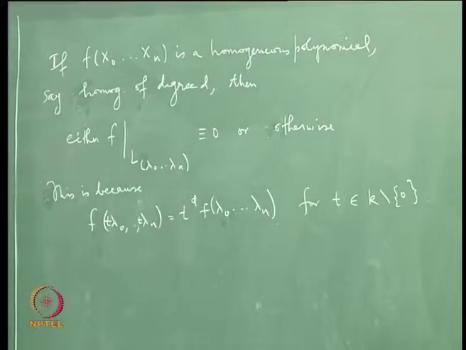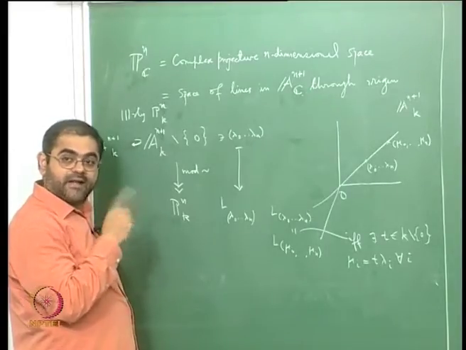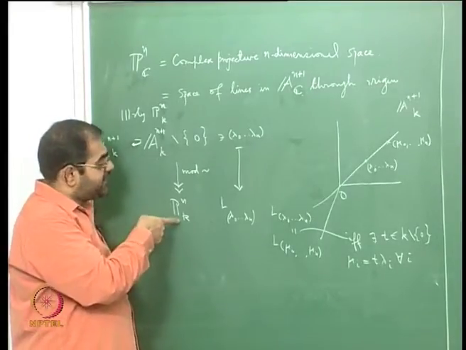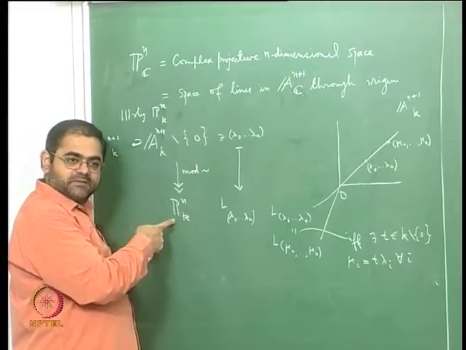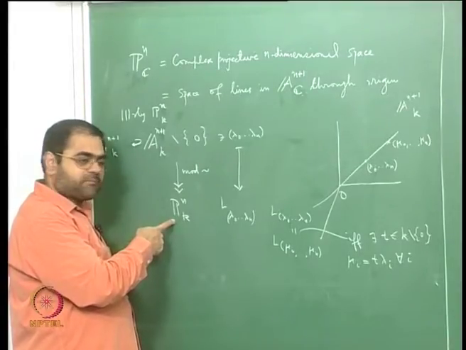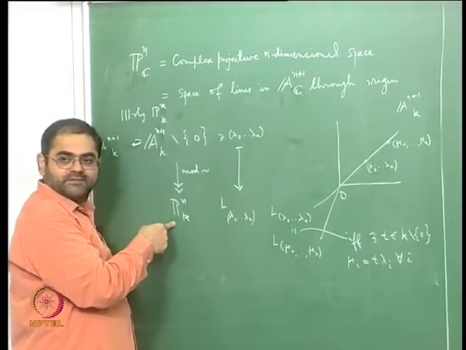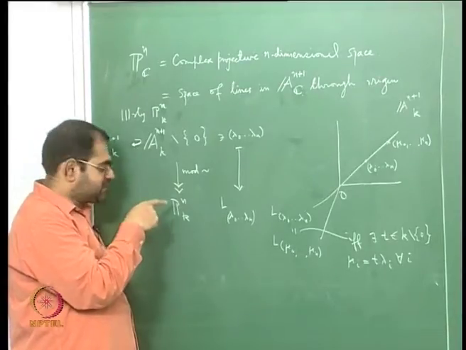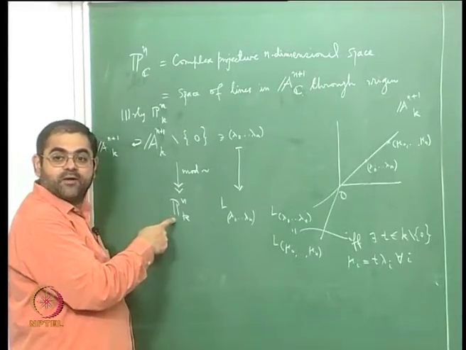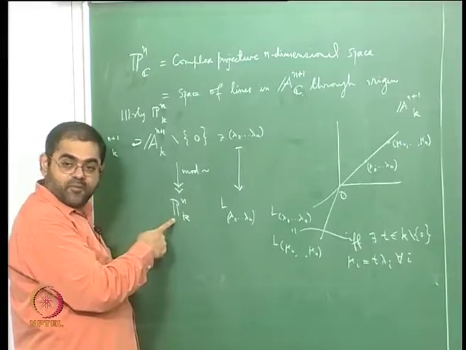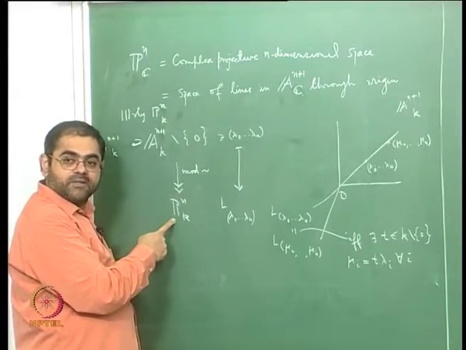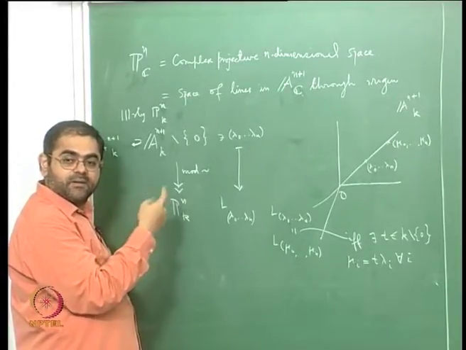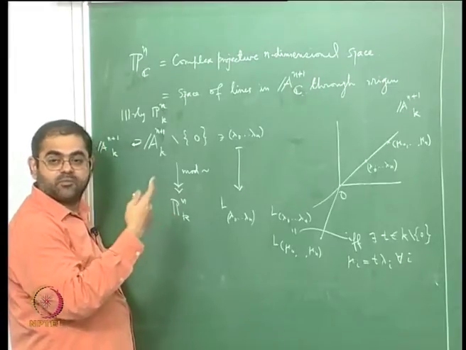So I can make sense of whether a polynomial vanishes on a line or not. But what is a line? A line is a point here, so I can make sense of whether a polynomial vanishes at a point here or not, okay, and then I define the closed sets to be the common zero loci of a bunch of homogeneous polynomials.